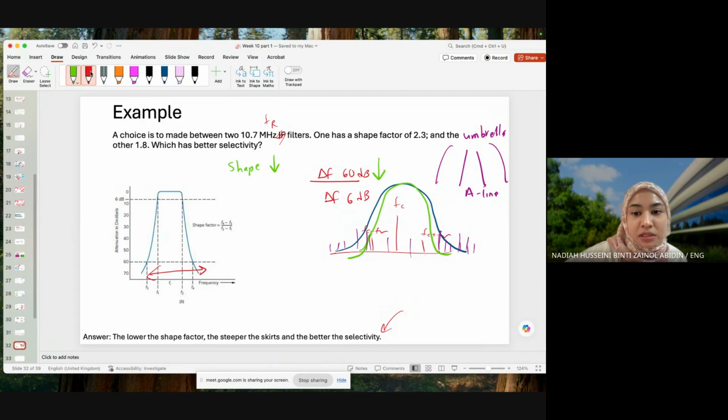And if my 60 dB is high, I'm going to get this kind of shape, the umbrella skirt, so my shape factor will increase. Therefore, a big or higher shape factor gives us poor selectivity. This is poor selectivity, this is good selectivity. So a smaller shape factor is preferable. Okay, I hope that was okay.